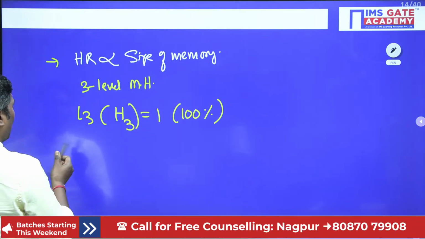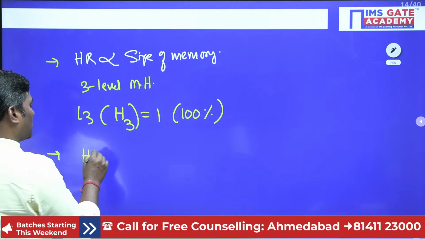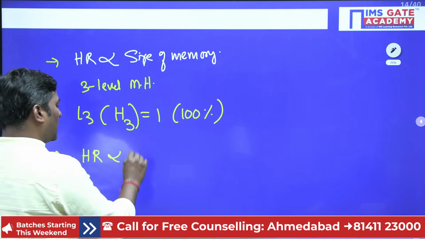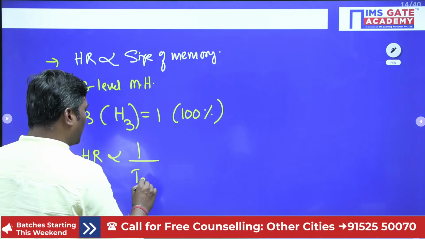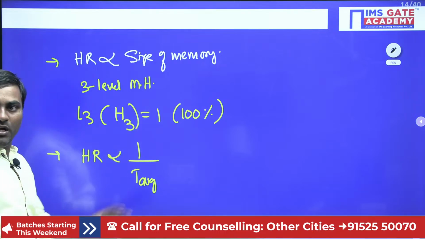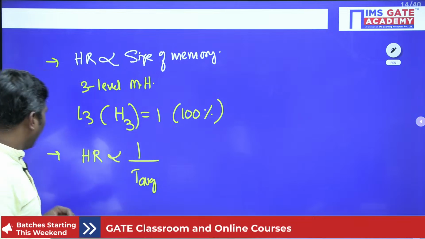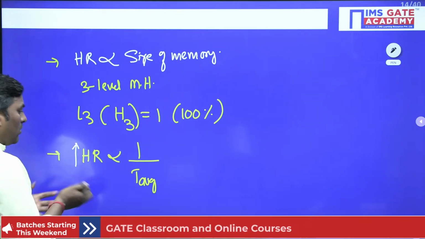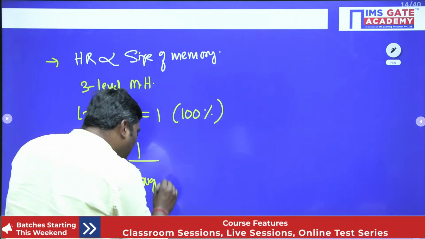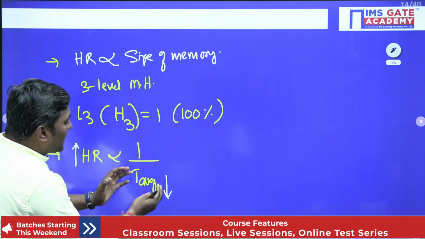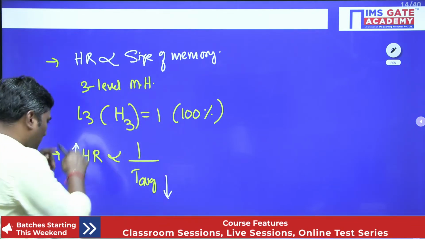Okay, next point. The hit ratio is inversely proportional to T average, the average access time of the 3-level system. The more the hit ratio, the less the average access time. If the average access time is more, the hit ratio is smaller.